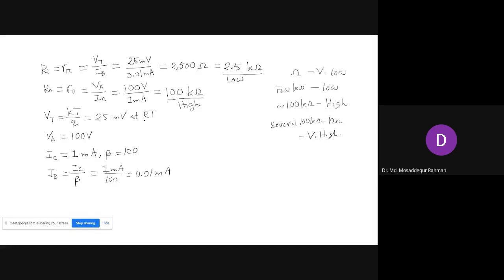Does it have any effect on the performance of the amplifier? So we go back to our previous slide here.